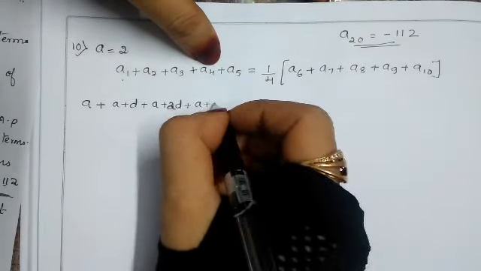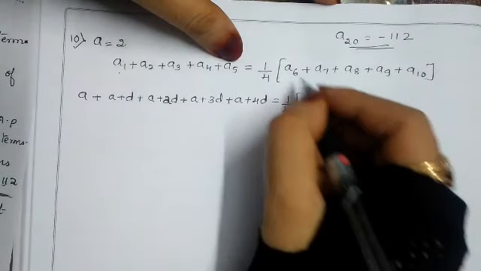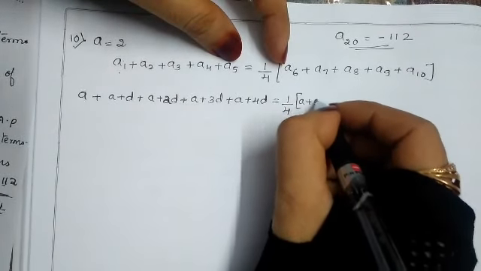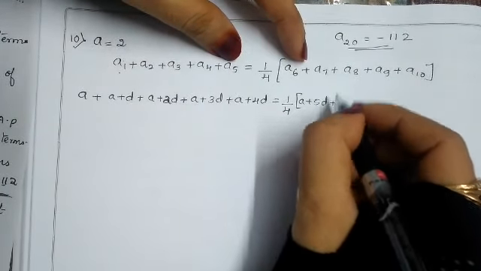This 1/4 I'll write as it is. And now again A6 is A plus 5D, A7 is A plus 6D, A8 is A plus 7D, A9 is A plus 8D, A10 is A plus 9D.